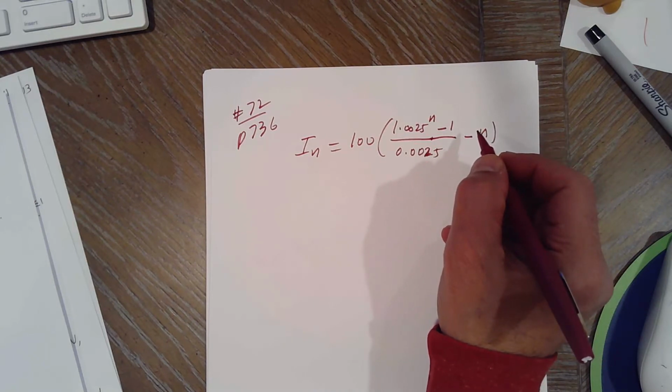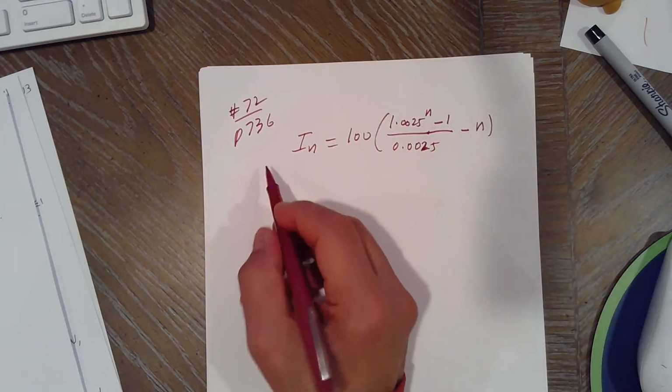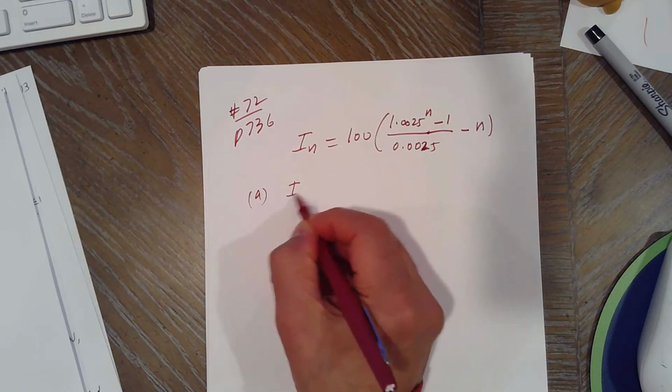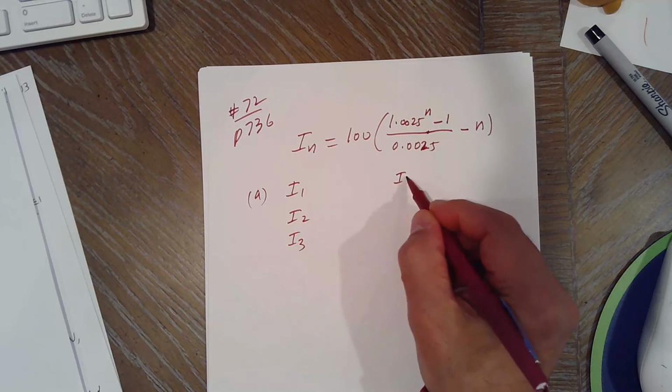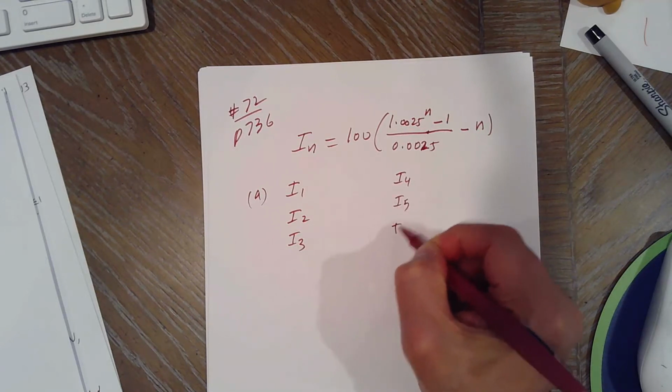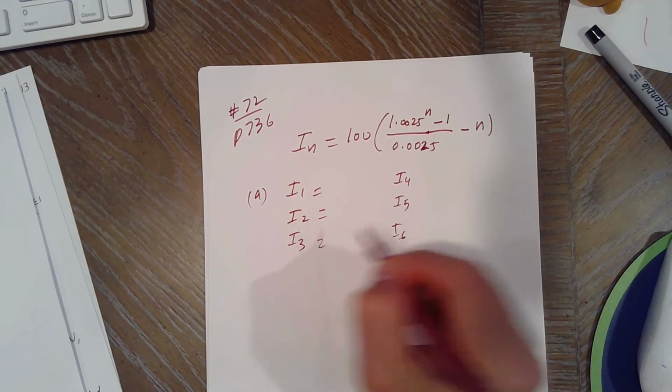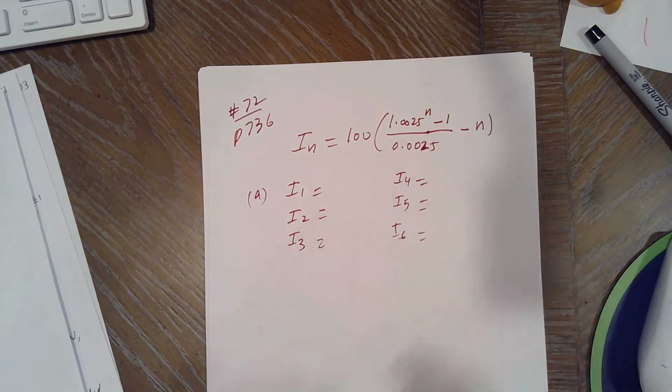It says find the first 6 terms of the sequence. So they want I_1, I_2, I_3, I_4, I_5, I_6 by plugging in n equal 1, 2, and so on.